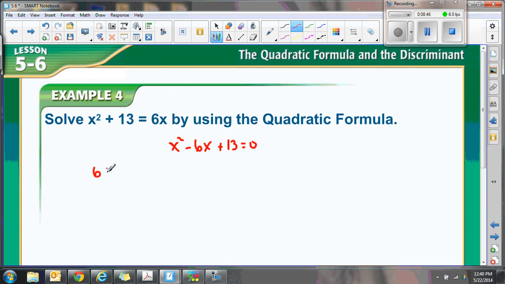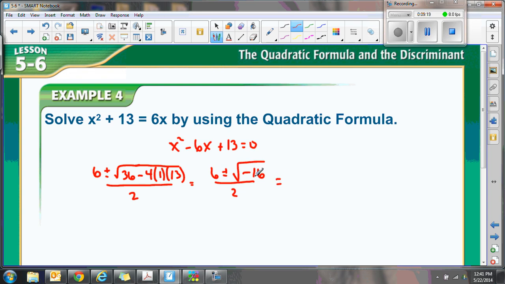Opposite of B, plus or minus square root of B squared minus 4 times A times C, all over 2 times A. So we have 6 plus or minus the square root over 2. We'll figure out what my discriminant is by taking 36 minus 4 times 13, which gives me a negative 16.